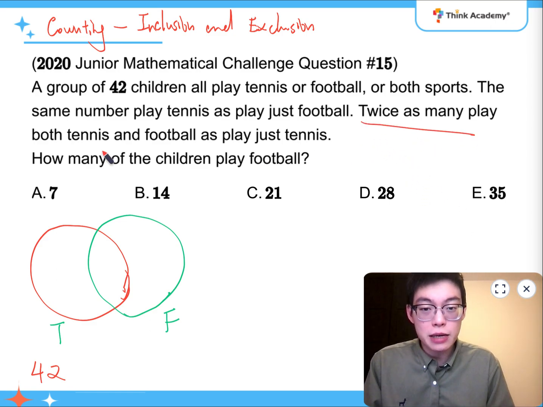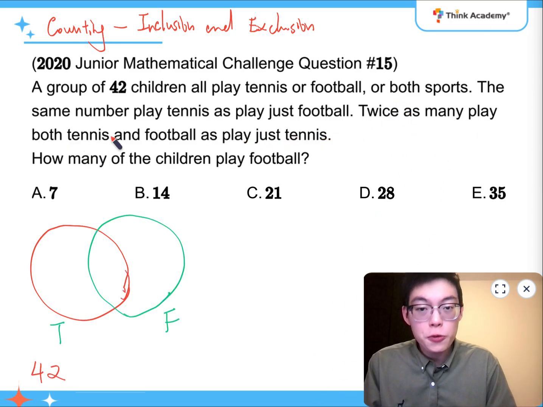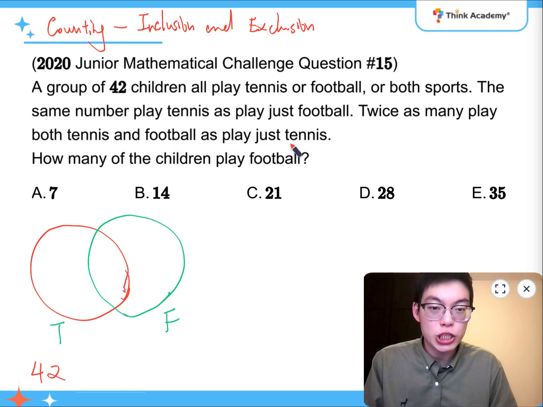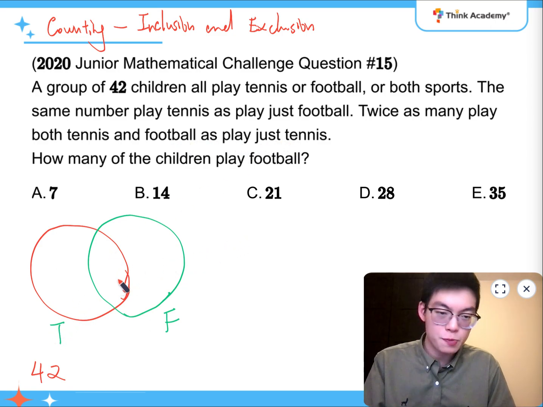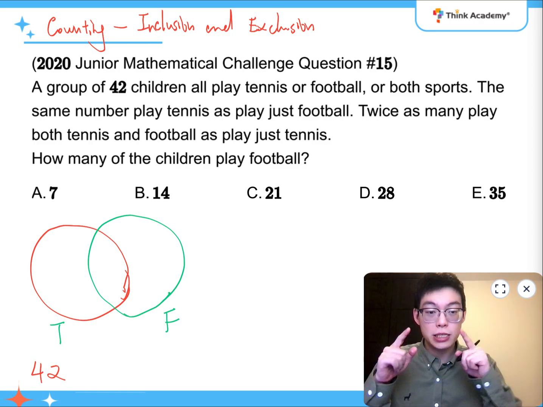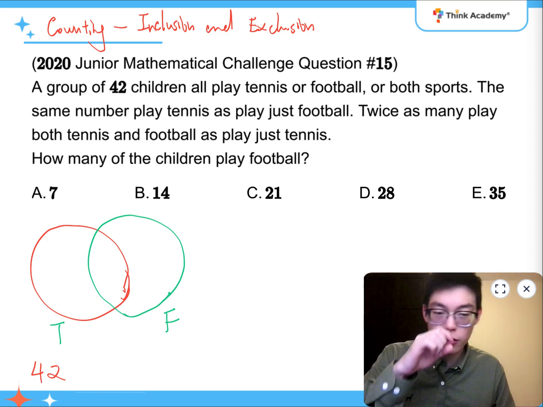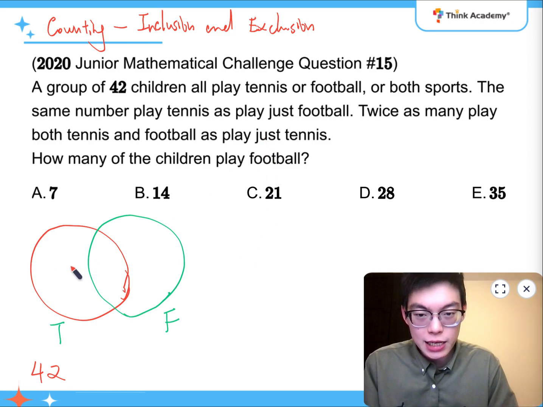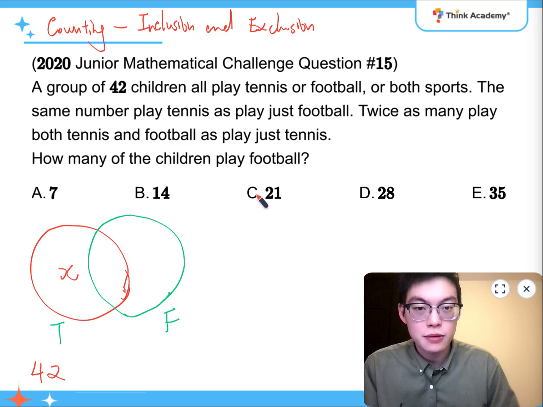The second statement is easier to use than the first, because it says that twice as many play both tennis and football as play just tennis. That's more specific because it points directly at each zone. Just tennis is the red moon shape, so that's x.